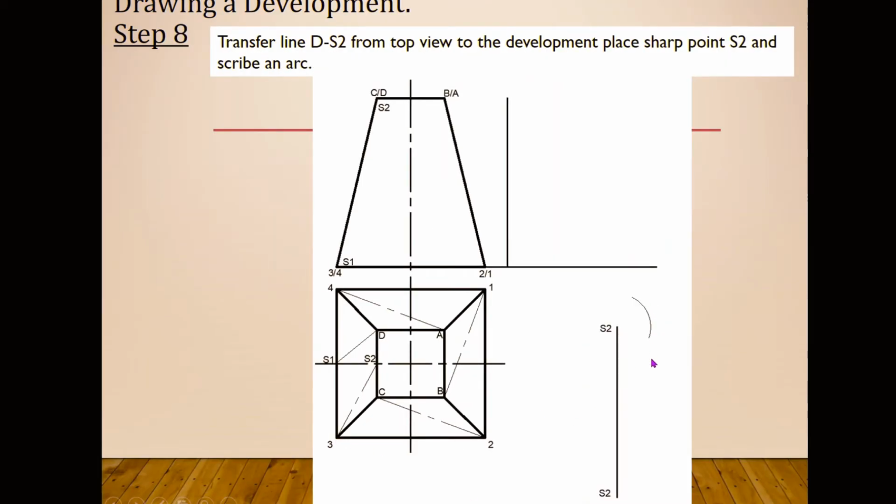Then we are going to draw an arc. Where are we going to get this distance from? We're going to measure from S2 to D. You just take this measurement using a pair of compasses, place your sharp point here, and scribe an arc.